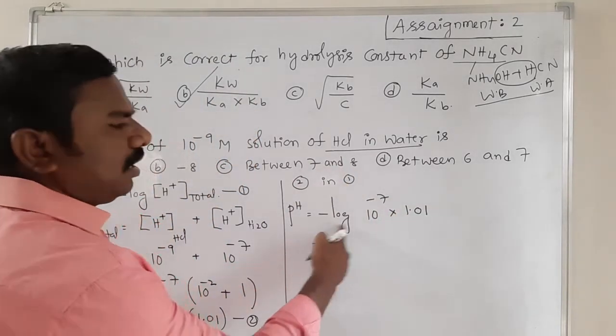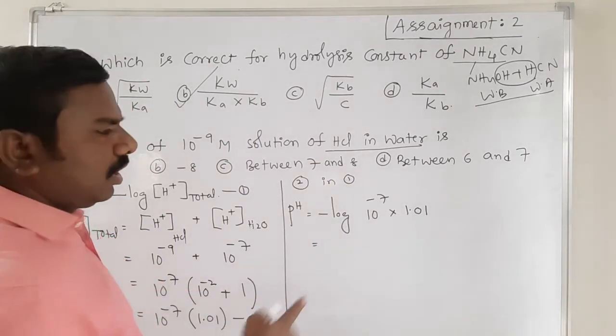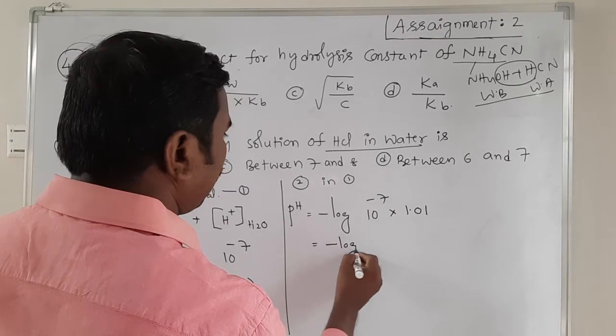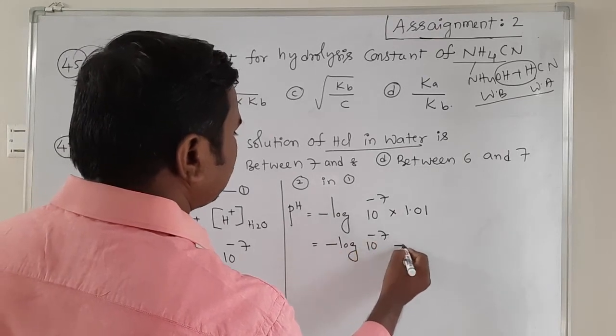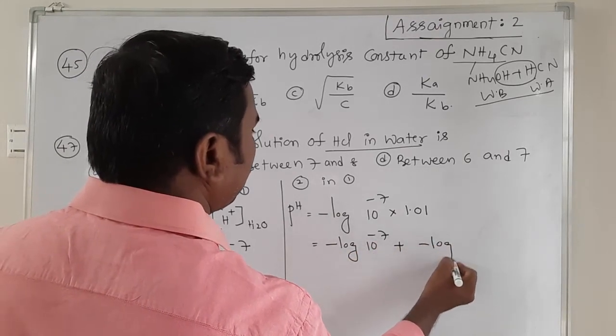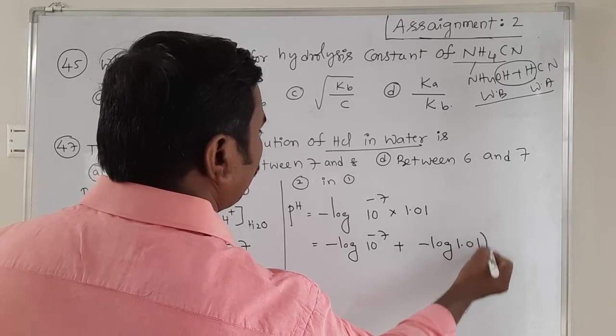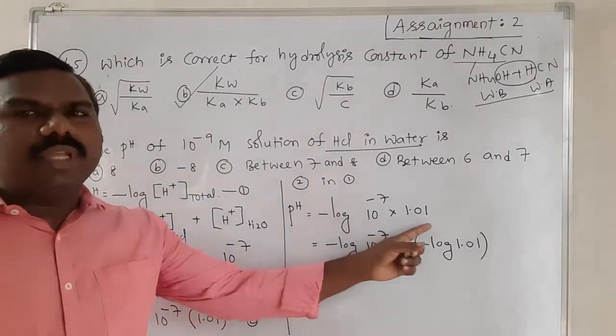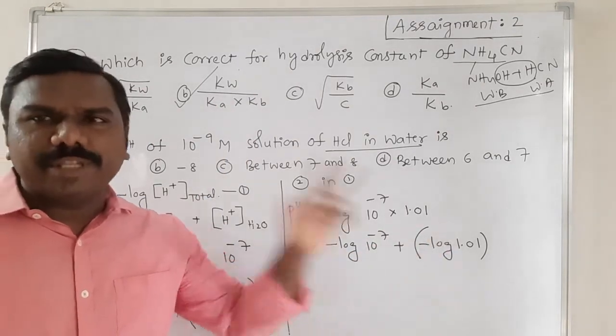So it is just like log A into B. Log A into B will be taken as minus log 10 to the power of minus 7 plus minus log 1.01. Right? Log A into B is written as log A plus log B.